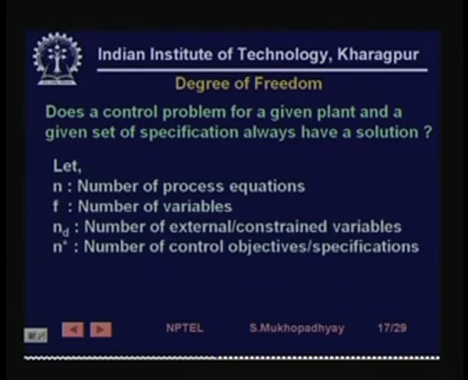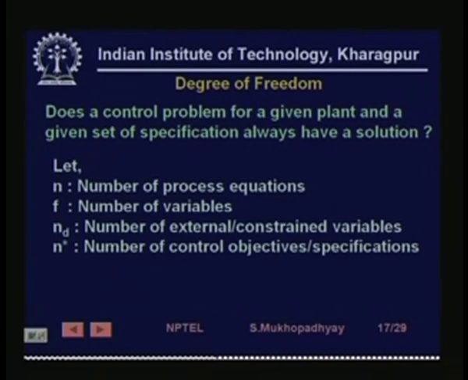For example, if n is the number of process equations, typically equated to the number of states, and f is the number of variables, and nd is the number of externally constrained variables. Sometimes they may be constrained in the sense that you cannot move them because of certain specifications.